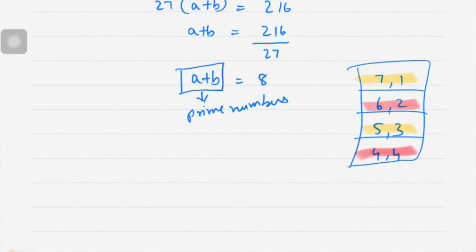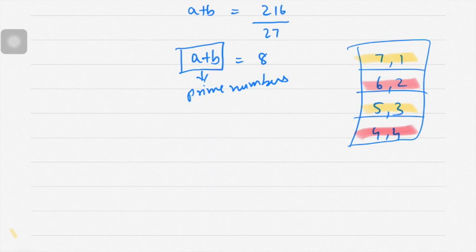Okay. So write down: express A and B as co-prime numbers.